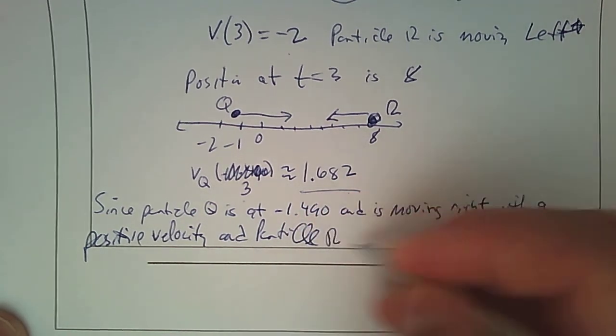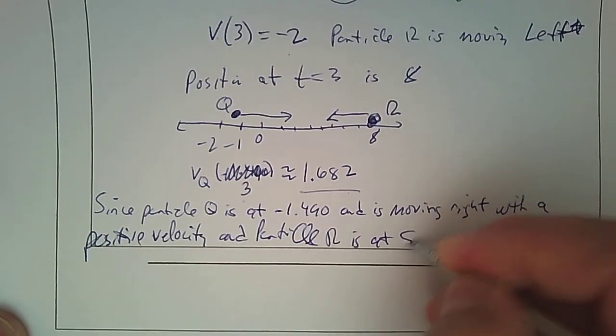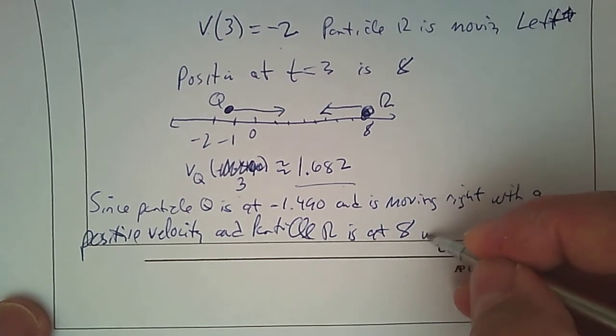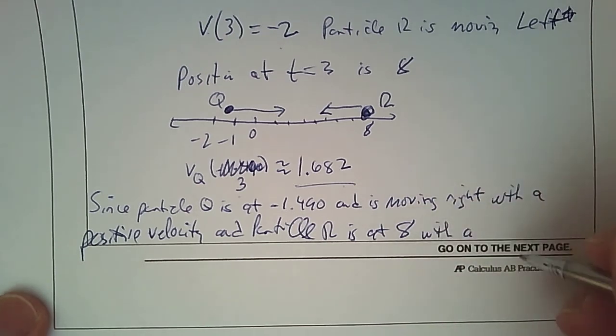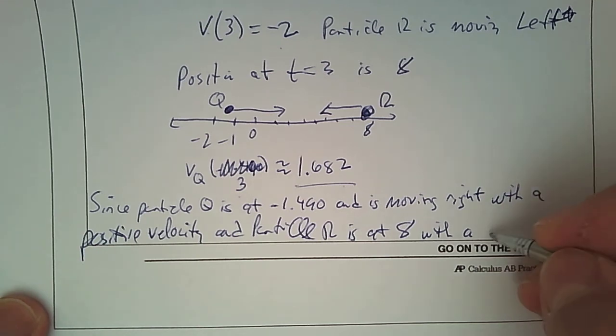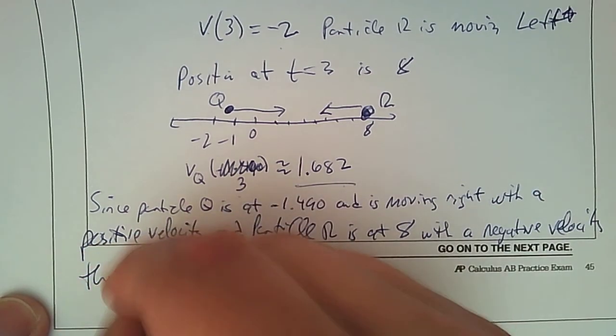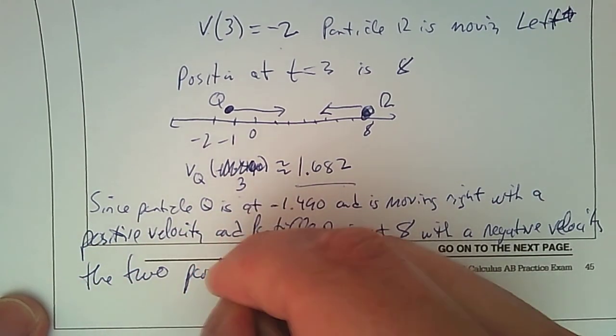Particle R is at 8 with a negative velocity, the two particles are moving together.